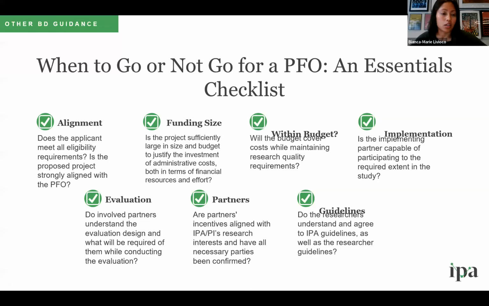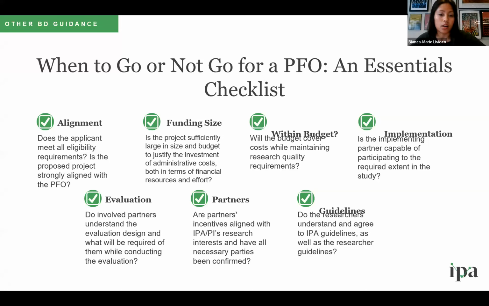So these things include alignment, which Claire had already touched on, funding size and budget. So just in general, is the funding size even worth the pursuit in terms of what the project would be in terms of size and scope? And will the budget cover all costs while maintaining research quality?